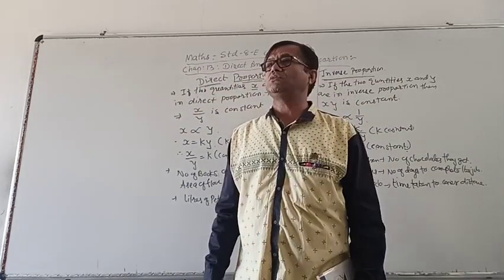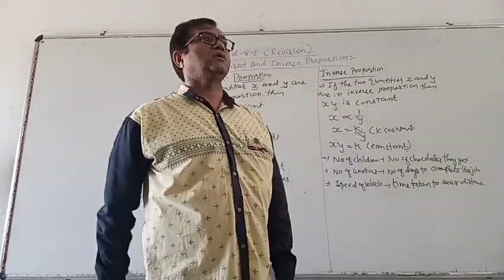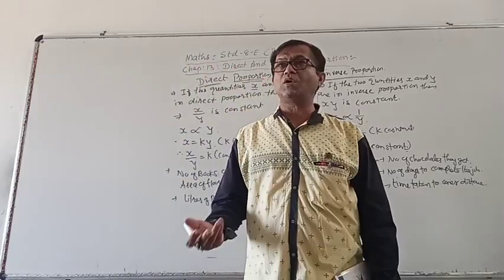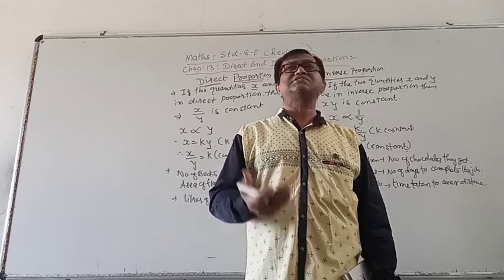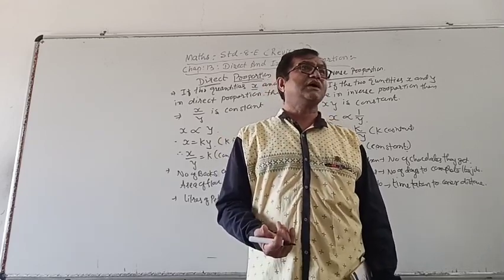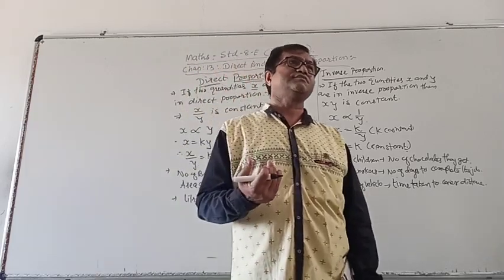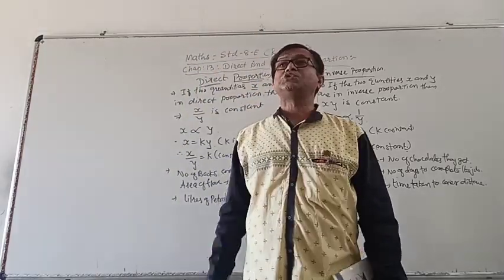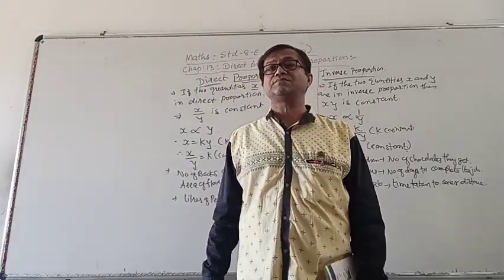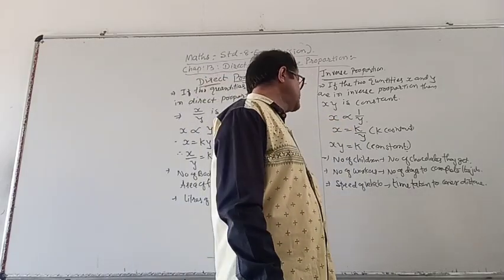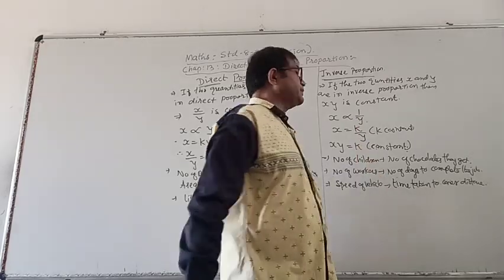So if you have to cover some distance, then if your speed is more, you can cover that distance in less time. And similarly, if you go slowly, it will take more time to reach the destination. So here also you can see that they have inverse proportion.